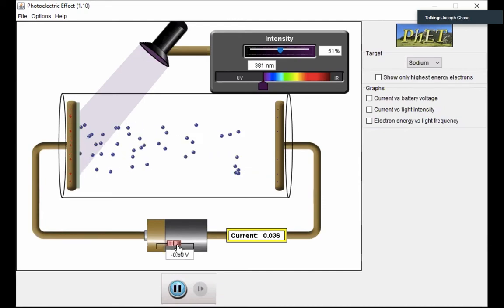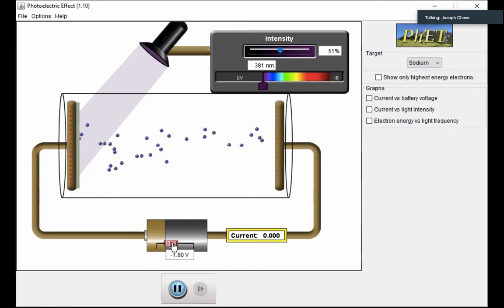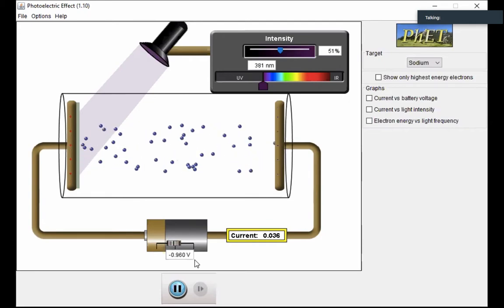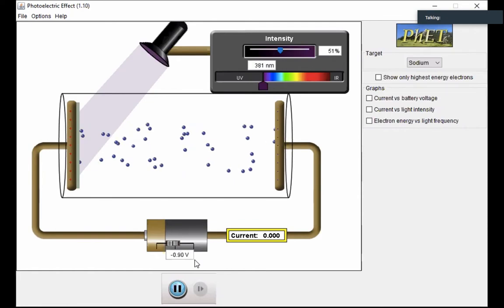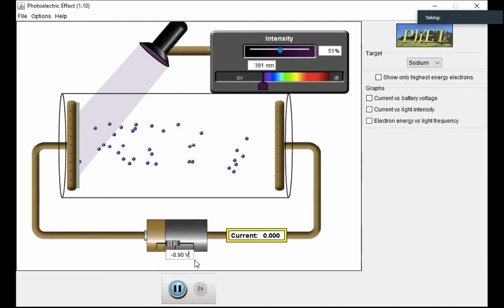All right, I don't want to spend all night trying to find the magic number here, but the one was actually pretty good. Let's see if I can just type into this field. Yeah, so at 0.9 volts, that looks pretty good. Yeah, okay, I think I found it.